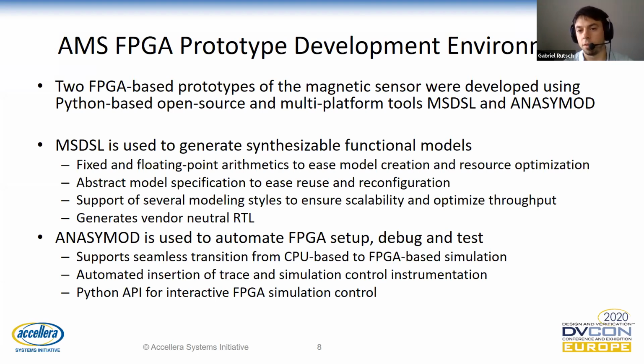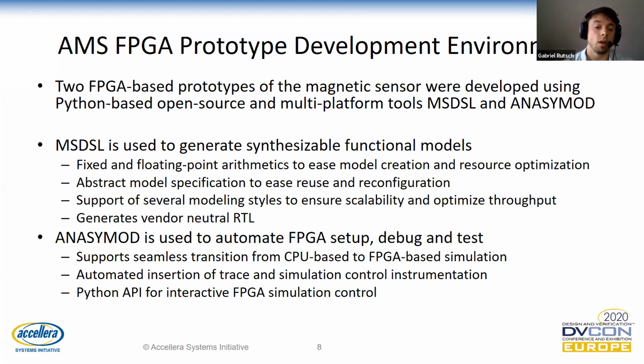This is quite convenient when you do model creation, because there you can really focus on the core functionality first, using floating point data types. Once the model does what you intended to do, you switch automatically to a fixed point representation. You deal with overflow and precision loss issues, and then you can map it on the FPGA as well.